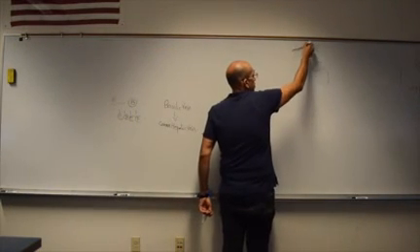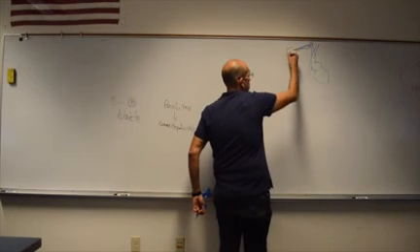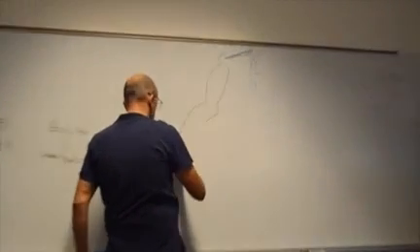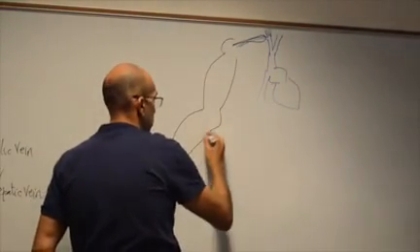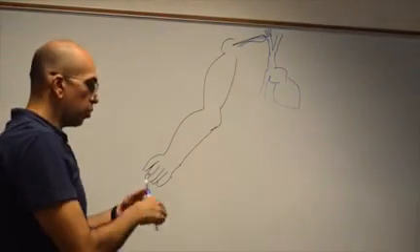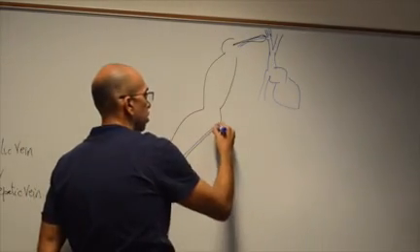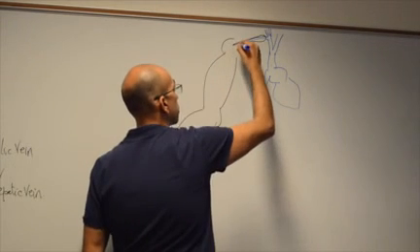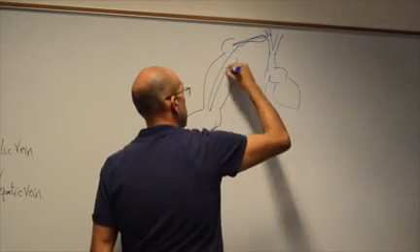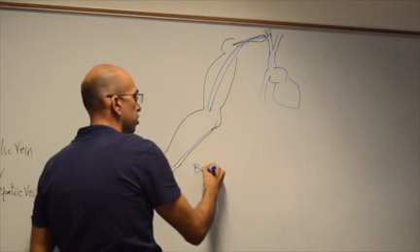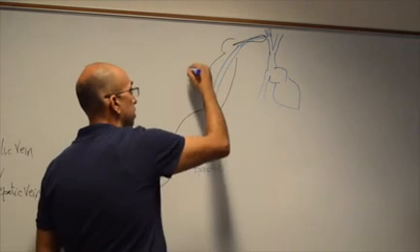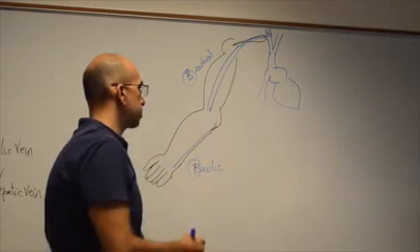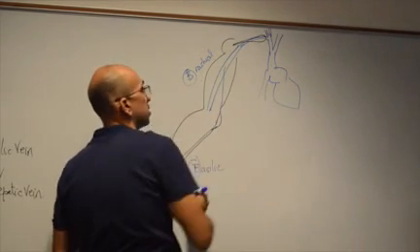So we can start answering this. Basilic vein here will be draining the superficial surface of the medial aspect of your forearm. It will be getting the blood up to what vein? Ulnar vein? No, the basilic will drain into the brachial vein. So the next station will be my brachial vein, draining the basilic vein.